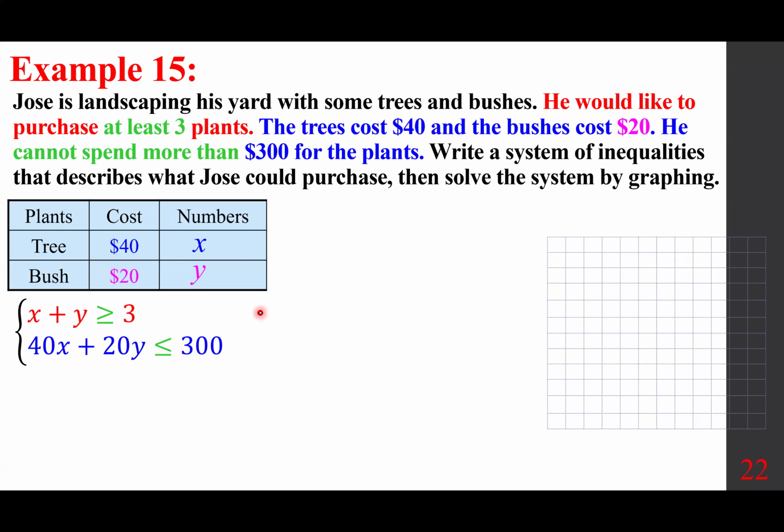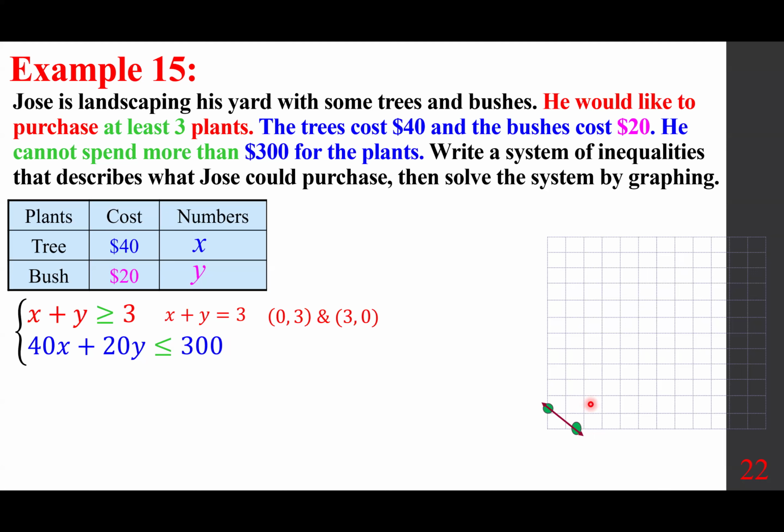So first, we change this to equality. x is 0, y is 3, y is 0, x is 3, so we get the two pairs: 0, 3, and 3, 0. We can plot the pairs, graph the line. This goes indefinitely on both sides, but again, remember, just in the first quadrant.